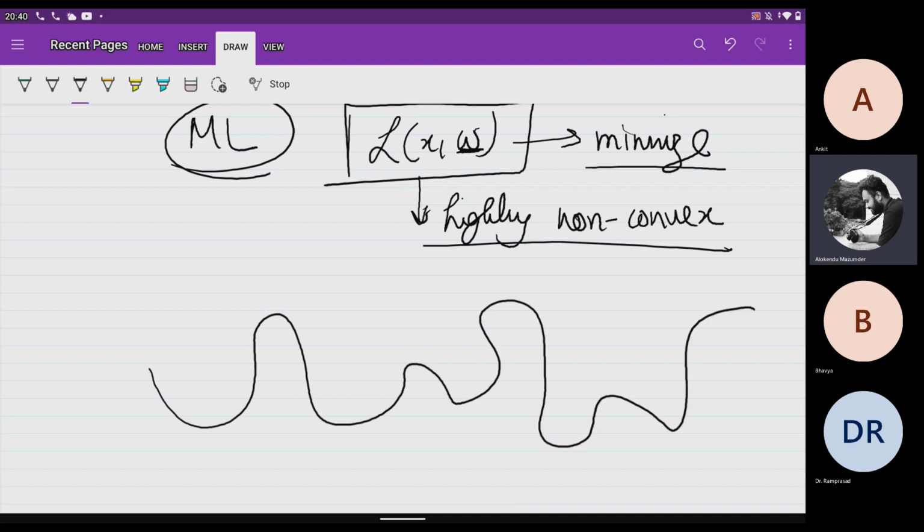So what happens when you tend to minimize this particular loss function? As you can see, this part is a global minima. But let's say I start from here, descending. That is basically how you optimize the loss function: you use descent based methods.